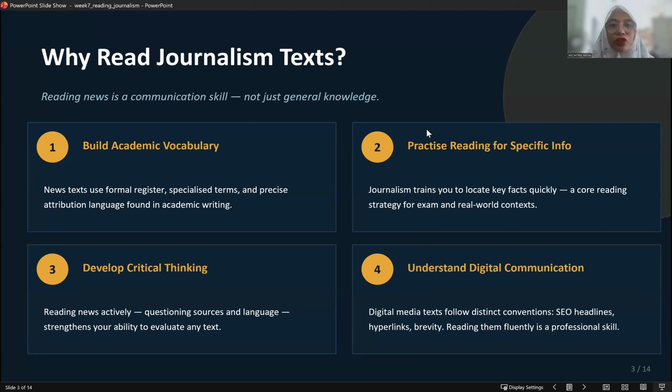So why read journalism text? You are communication students, so journalism must be one of the things that you will learn in communication. Reading news is a communication skill, not just general knowledge.